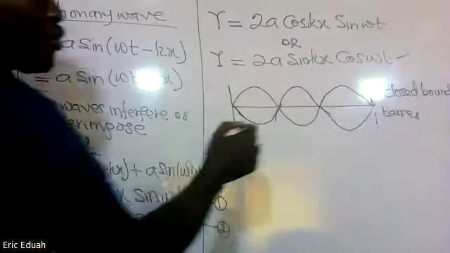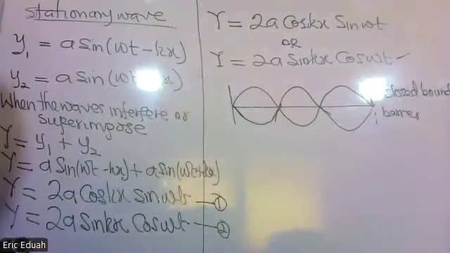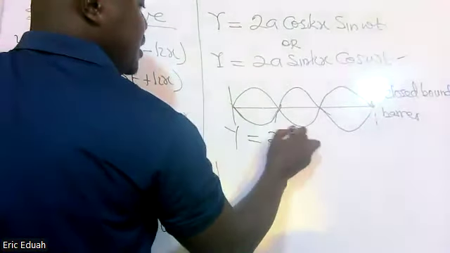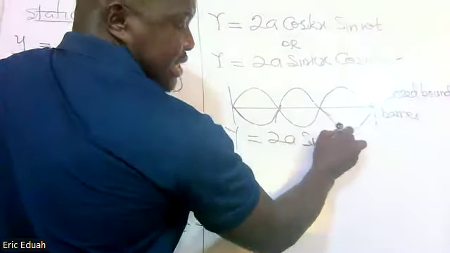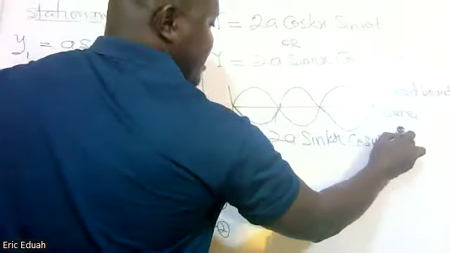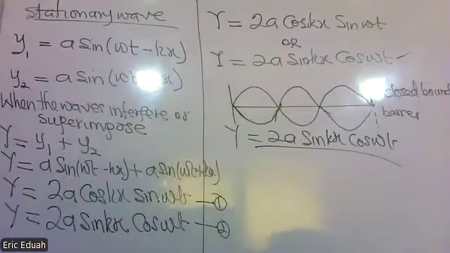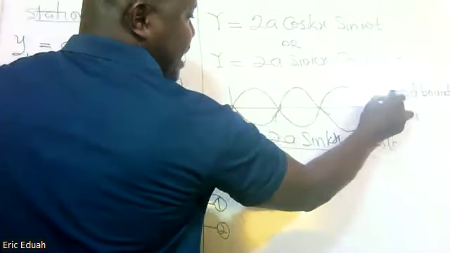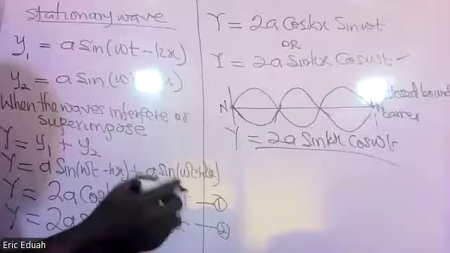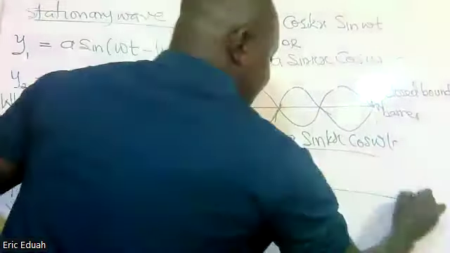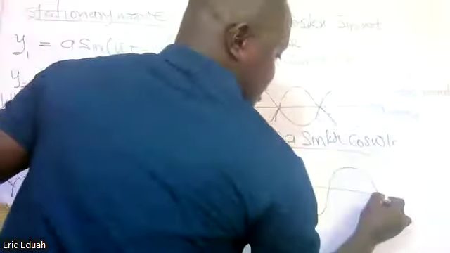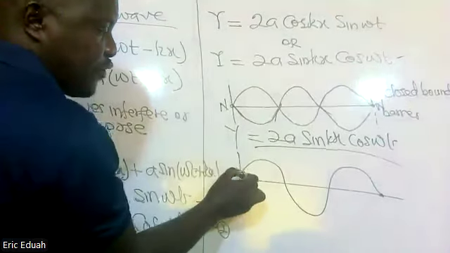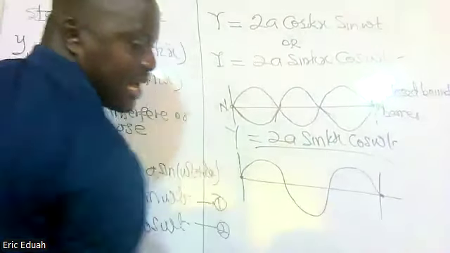So for a closed boundary or barrier, the equation of the stationary wave becomes y is equal to 2a sine kx cos omega t. So this is for a closed boundary. Don't forget, for a closed boundary, nodes are formed at both ends. So a sine wave, which looks like this, starts from 0 and ends at 0.